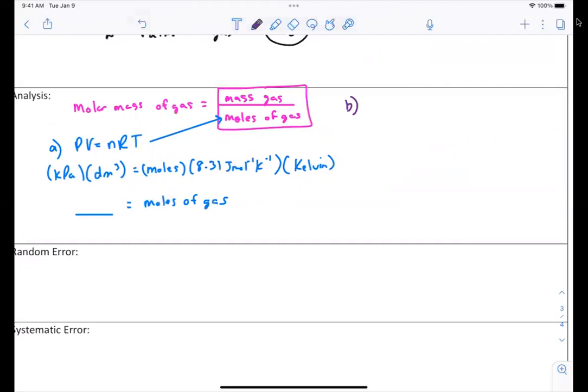The only way I usually think about this is with the butane lighter. When you do the butane lighter, you're measuring the mass of the butane lighter before and after, and that tells you your mass. But I'm trying to figure out what they would want here. Oh, you know what? In the problem they would most likely just give you the mass of the gas collected.